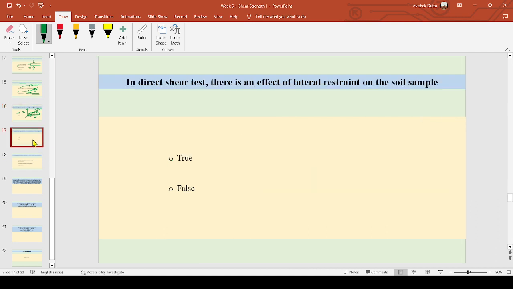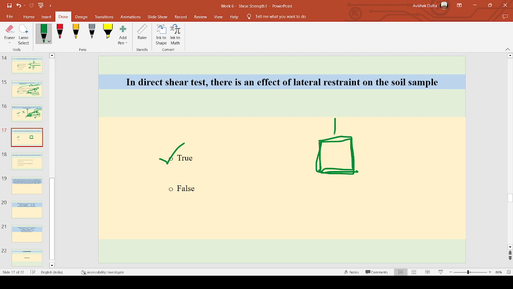In a direct shear test, there is an effect of lateral restraint of the soil sample. Yes, lateral restraint of the soil sample, it is true. Why? Because if we see from the top, this is the soil sample, kept in a shear box which is surrounded on all sides.